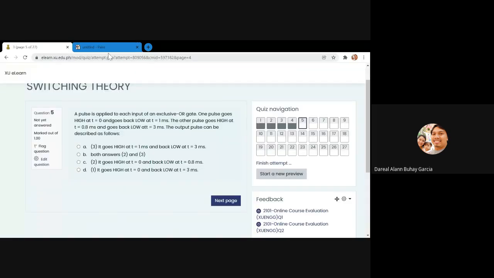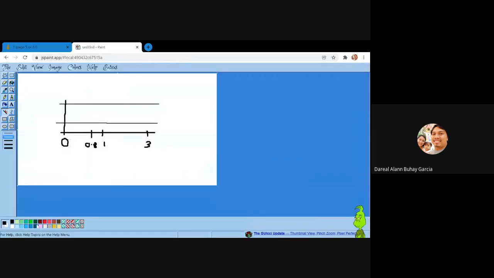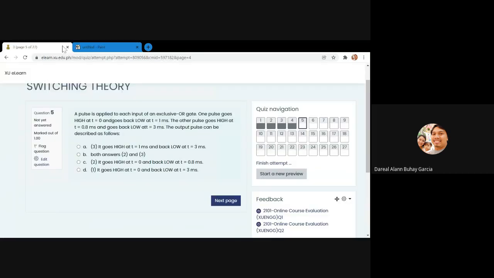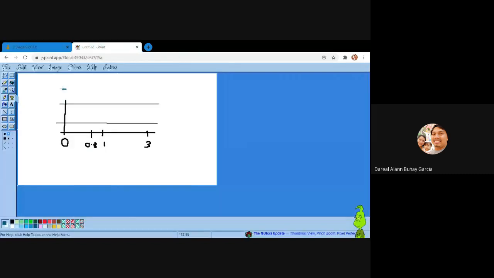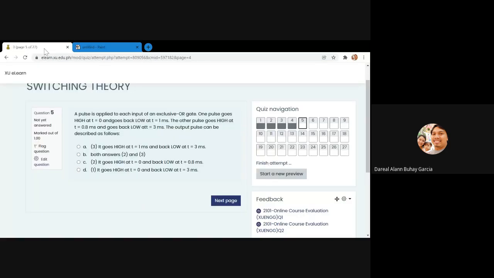One pulse goes high at 0 and goes back low at 1 millisecond. The other pulse goes high at 0.8 and goes back to low at 3.